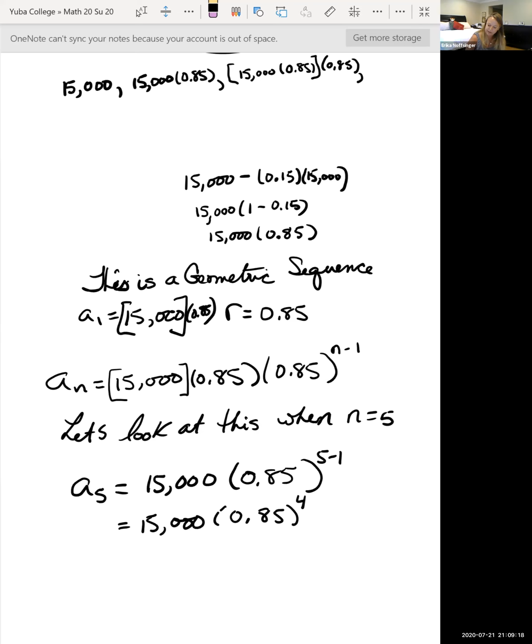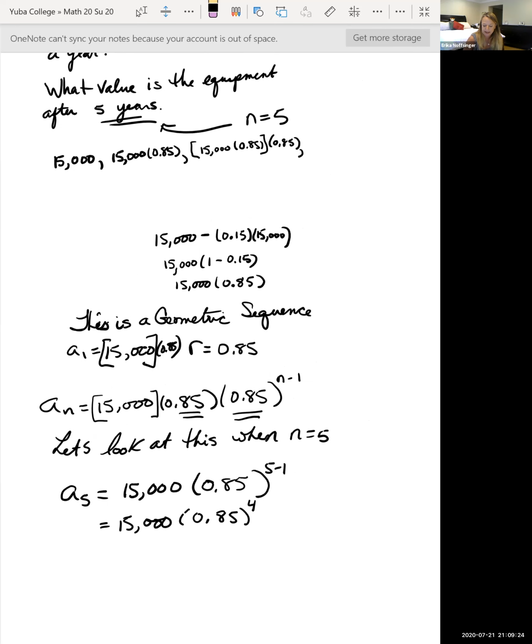Notice these are the same base. And so when I multiply these, I can add my exponents. So adding my exponent of 1 plus the n minus 1 gives me just n. So this is equal to 15,000 times 0.85 to the n.